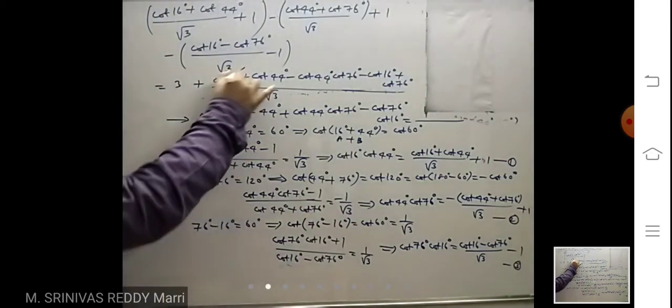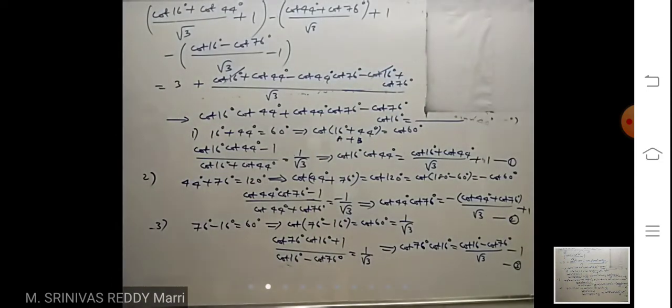If you look at here, cot 16 will get cancelled.